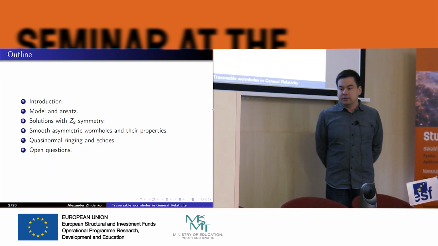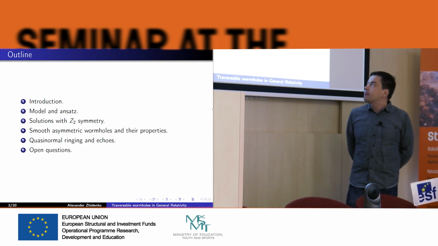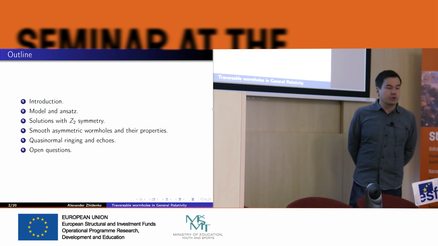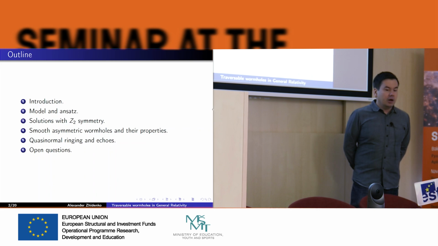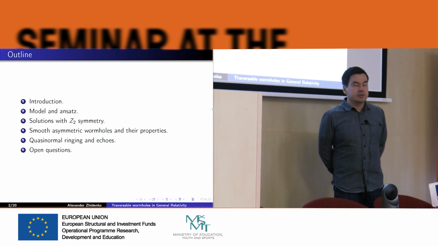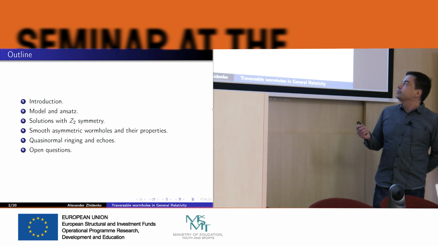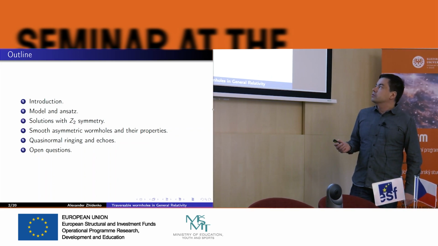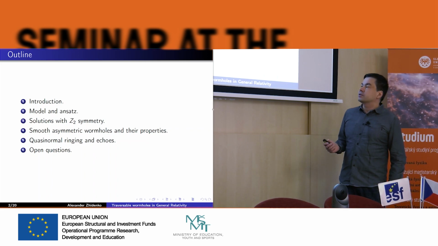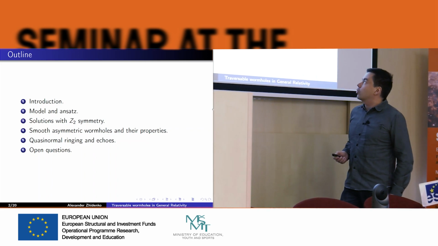And we will see why actually the mirror symmetry, Z2 symmetry, should be broken in this case, and the appropriate smooth solution is actually asymmetric with respect to the wormhole's throat.